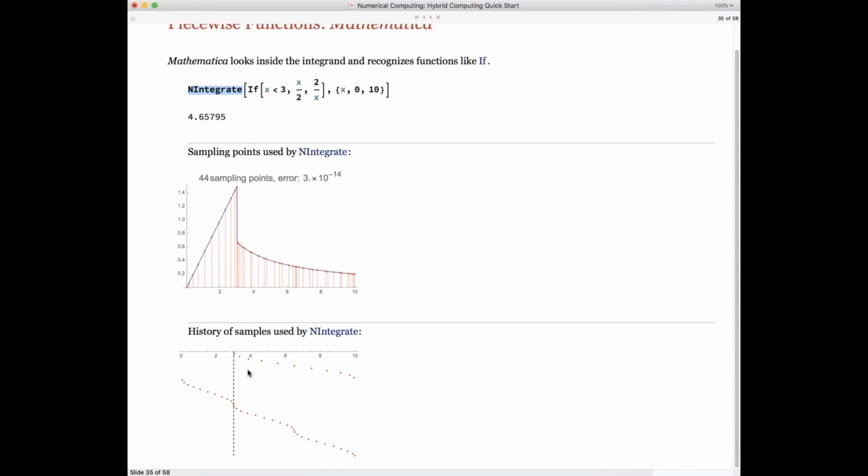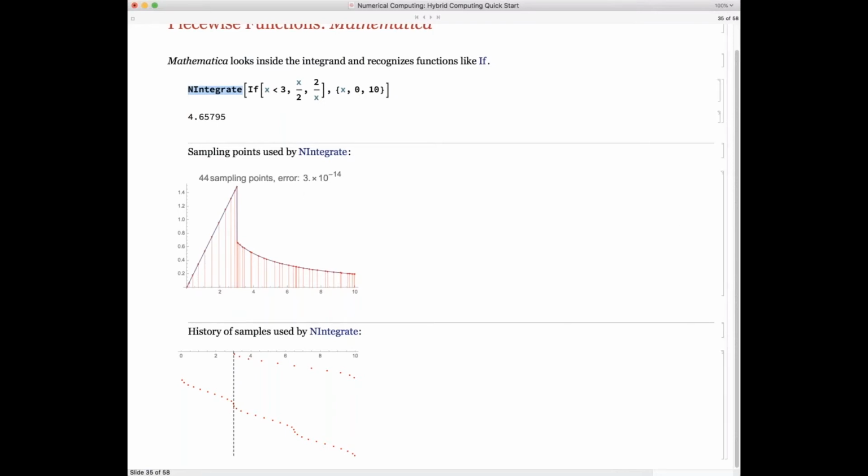The end result is that only 44 sampling points are required to get a result accurate within an error of 3 by 10 to the power minus 14, which is far, far superior to the example we just saw using a traditional blind numerical method.